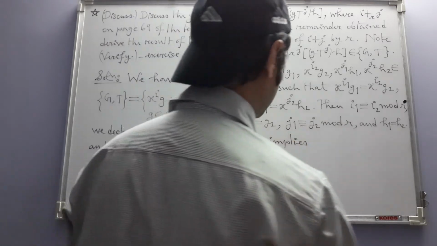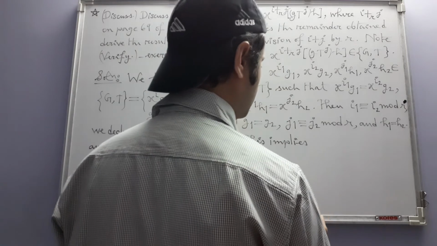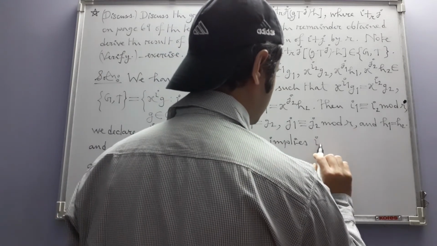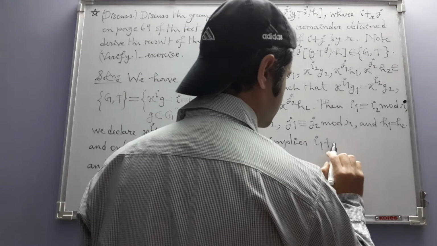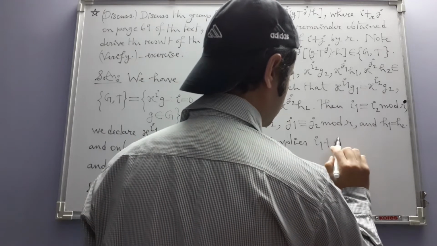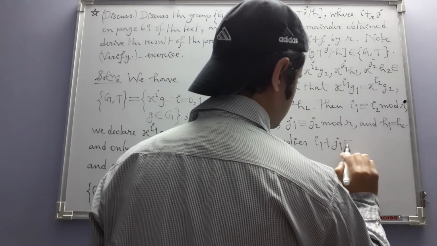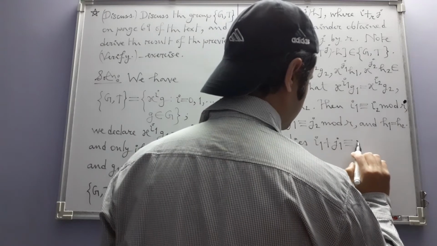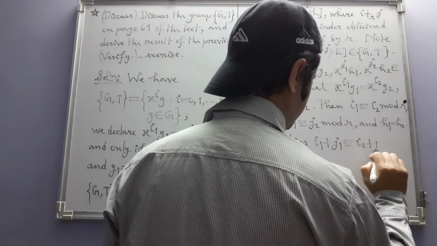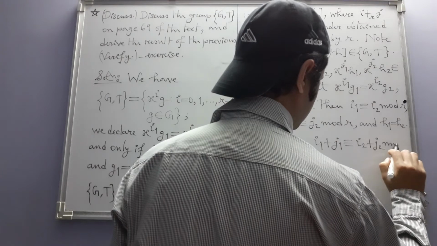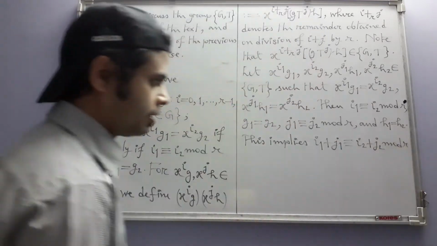This implies i1 plus j1 is congruent to i2 plus j2 mod r.